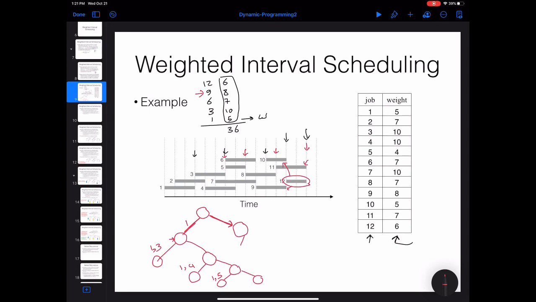If I choose 2, this gives me another branch in the search space where I have 2. Or maybe I don't choose 2. If you don't take 2, it means that you can take 3. So here I am going to have two choices: either I'm going to take 3 or I'm not going to take 3.